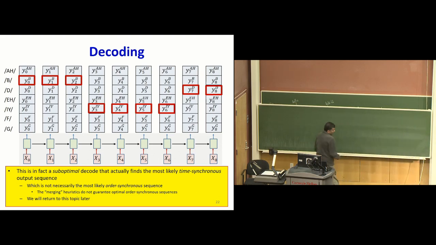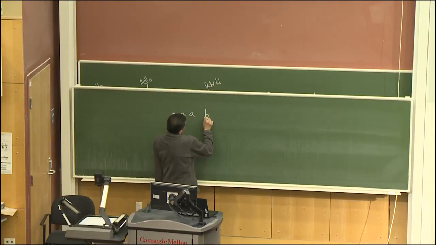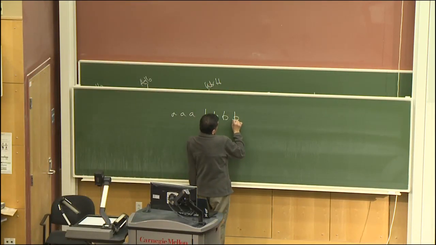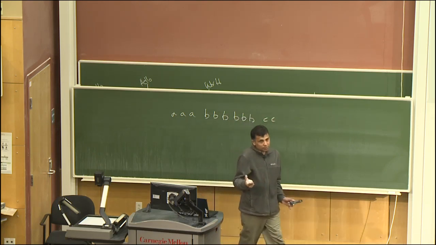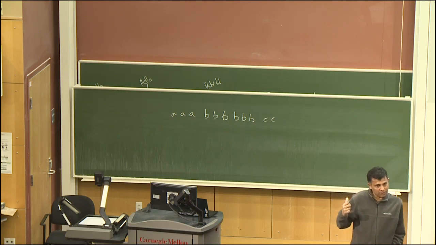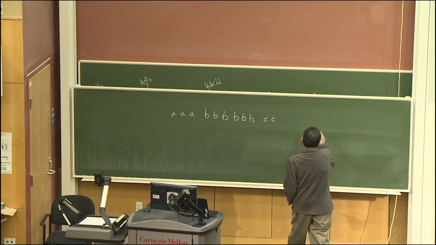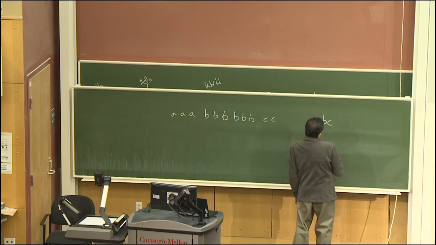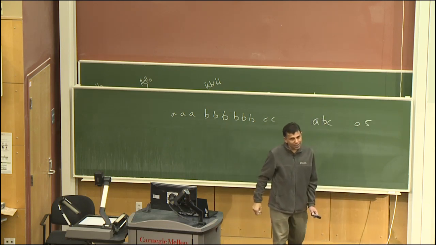Now, look at this. I can get A, B, B, B, B, B, B, C, C. And which order synchronous output does this represent? This is just ABC, correct? And this can have, let's say, the probability of 0.5. It's quite high.